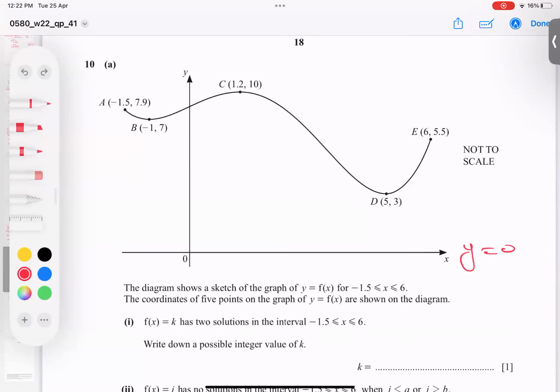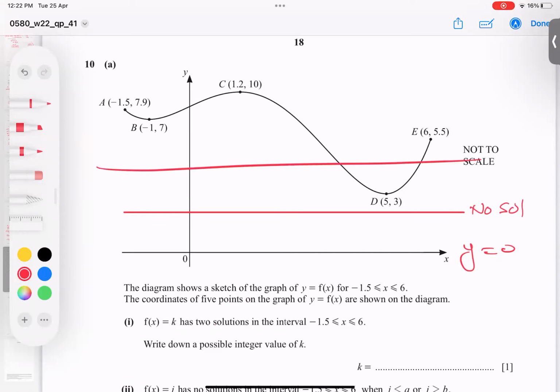And so what is being asked here: f has two solutions. Let me explain the solutions concept. Whenever a line is not intersecting the curve, it means it has no solution. So when the line cuts the curve at two spots, you see one and two spots, it has two solutions.